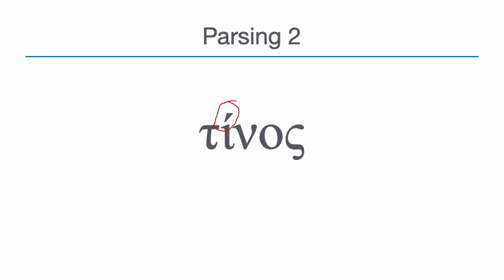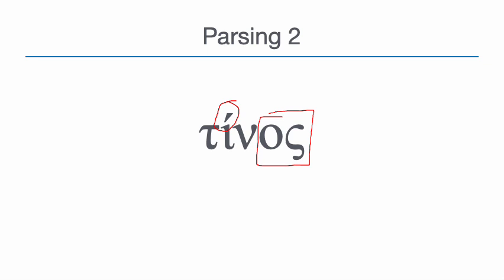So with this one, tis, the genitive singular form is tinas. Okay, so here we then know that this is a genitive singular form. And since tis has a 3-3 pattern, then we would know that this would be genitive, and it would be masculine, feminine, or neuter because it shares that form.